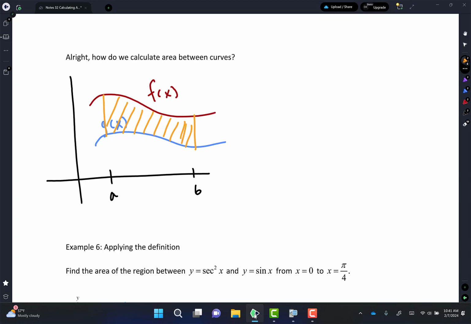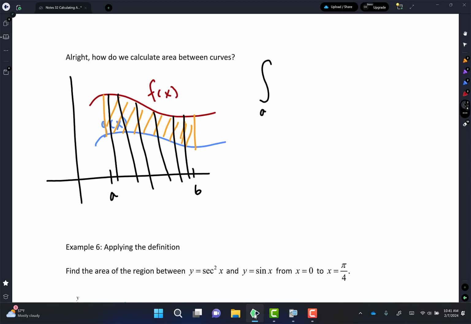I'm going to first describe how I think you would do it, and then I'm going to tell you the fastest way. You would say, the curve f of x is above g of x, so I'll find this area first: integral from a to b of f of x dx.